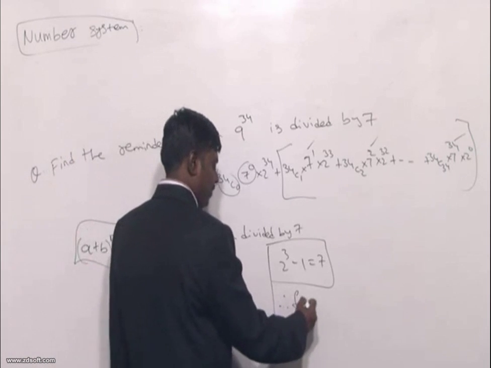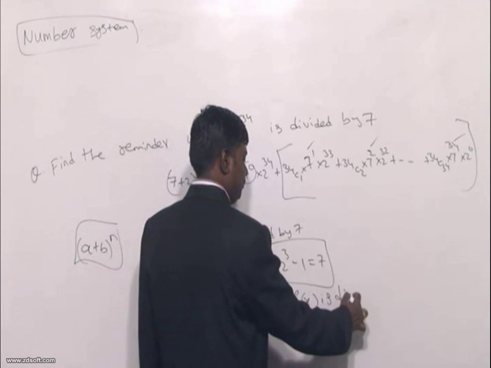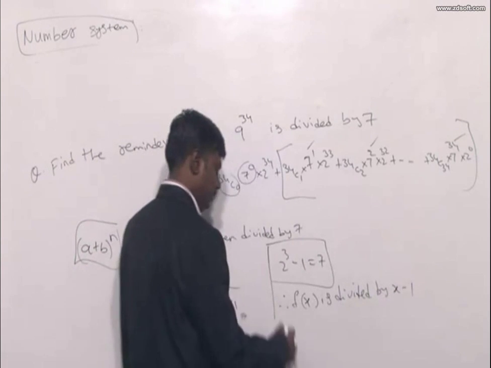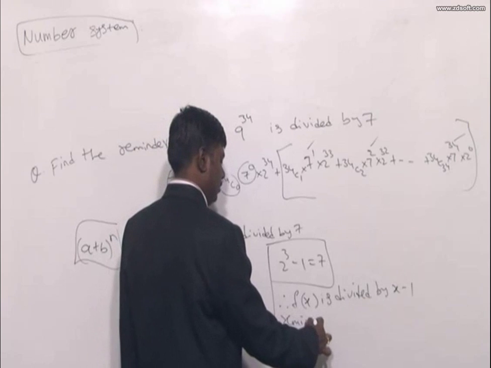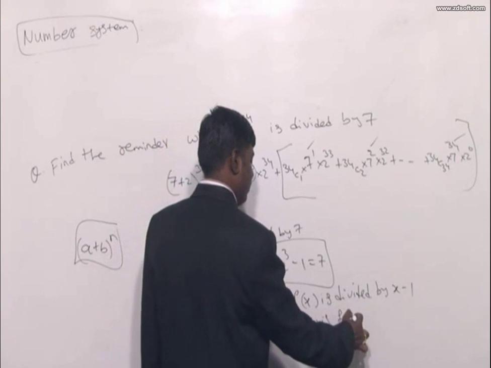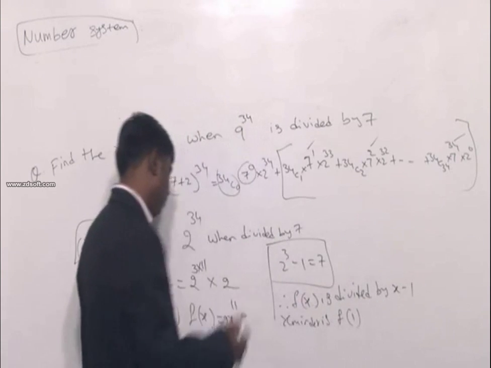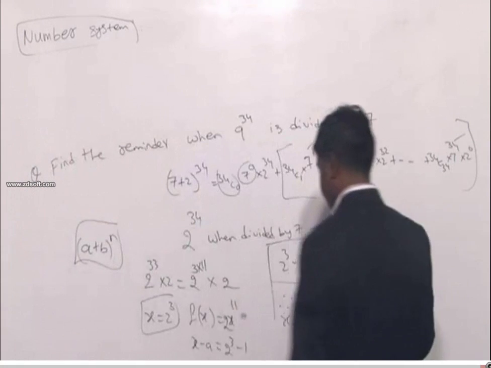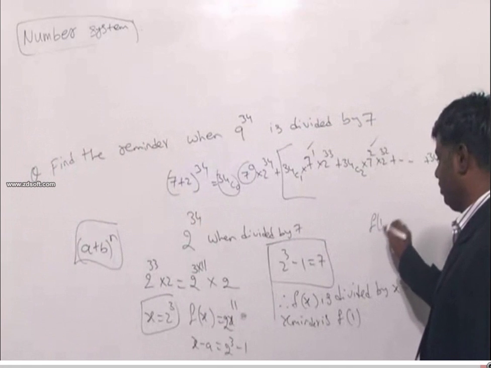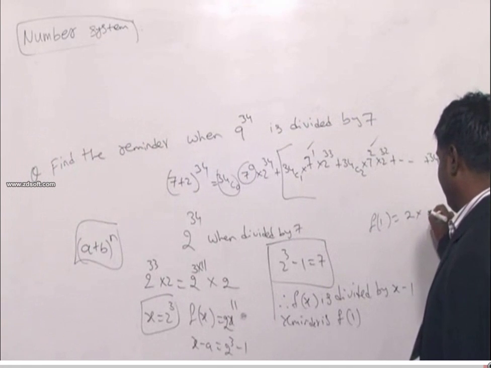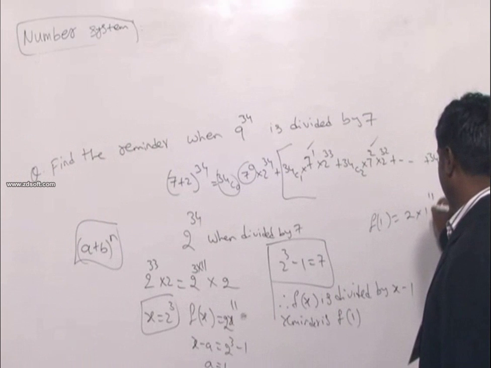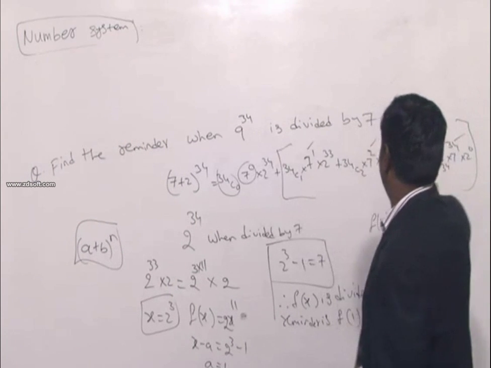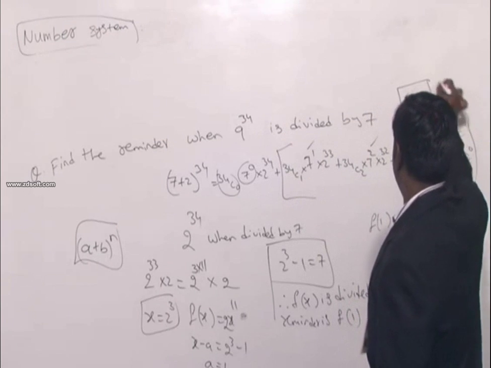If f of x is divided by x minus 1, the remainder is f of 1. So what is f of 1 in this case? f of 1 is equal to 2 into 1 power 11, so 2. So if 9 power 34 is divided by 7, the remainder is 2. That's the answer.